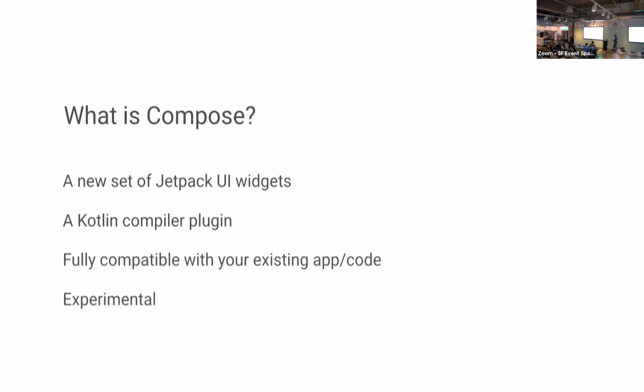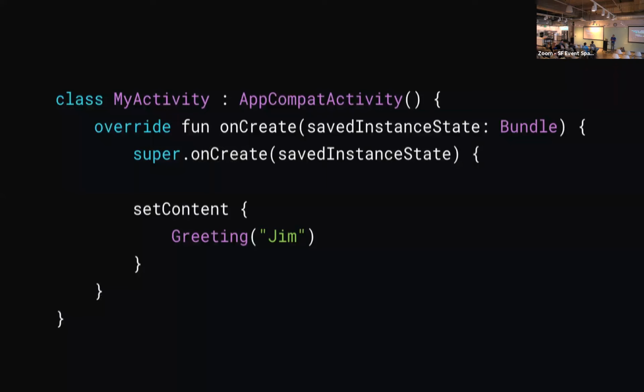The reason we wanted to open source this to the Android open source project, although it's at a very early stage, is to gather feedback from you and do it in the right way from the beginning. And how it works is, this is basically an activity. As you can see, there is no new extends or anything. We are just using the AppCompat activity.